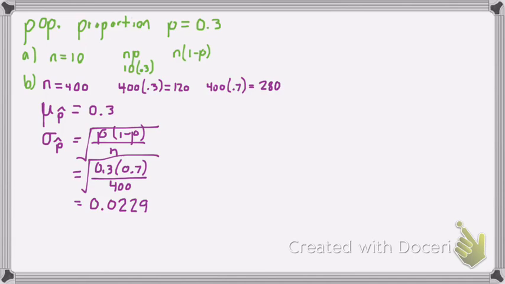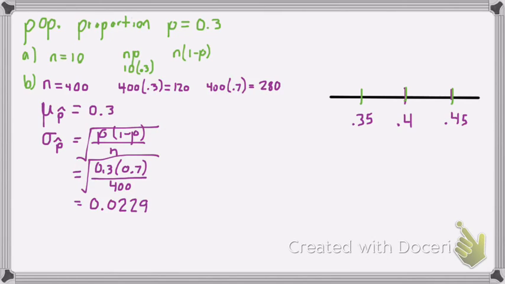Now, for the next one, it's looking for the probability of it falling in a certain range. So I'm going to sketch a graph of this sampling distribution over here. And it's going to be centered at 0.3. And we just found out we were typically off by about 2%.